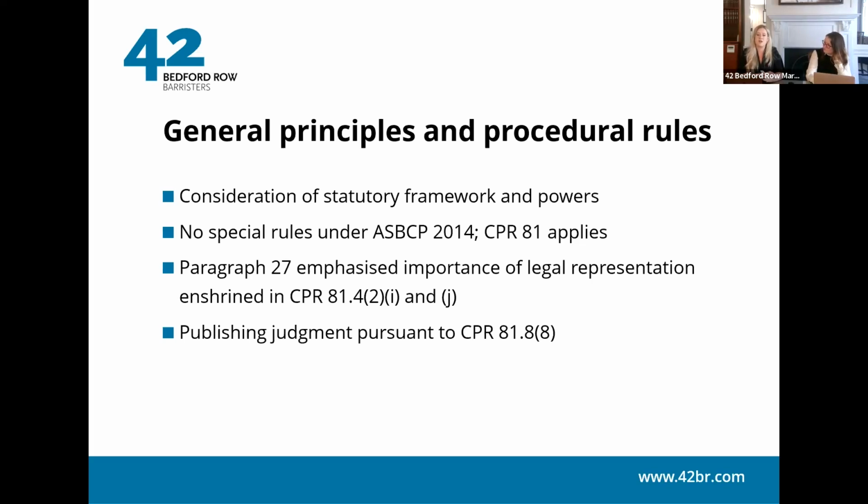In fact, CPR 81 and the principles for making an application for contempt of court applied, so there isn't a different statutory framework. I think it's quite interesting because the Antisocial Behaviour, Crime and Policing Act was an attempt to introduce a different method of civil enforcement for low-level ASB cases.